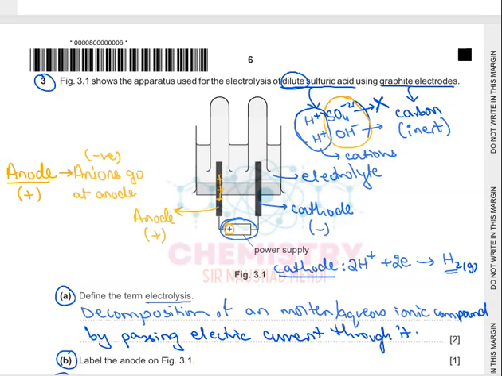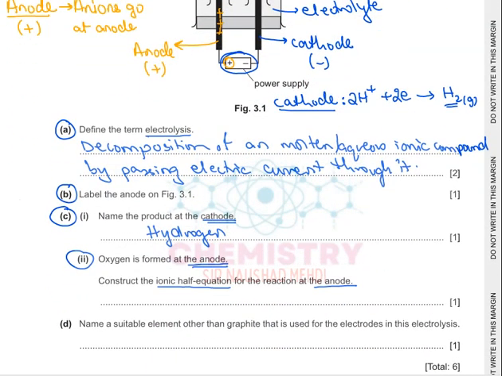So now you are only left with the hydroxide ion, OH minus ion. This hydroxide ion will get discharged at the anode. So you have to form the equation for that. The equation is: 4OH minus ions get discharged at the anode to lose 4 electrons, and after losing 4 electrons, they form oxygen gas along with water, H2O. So you can see oxygen gas is being formed, and it was already mentioned in the question also.